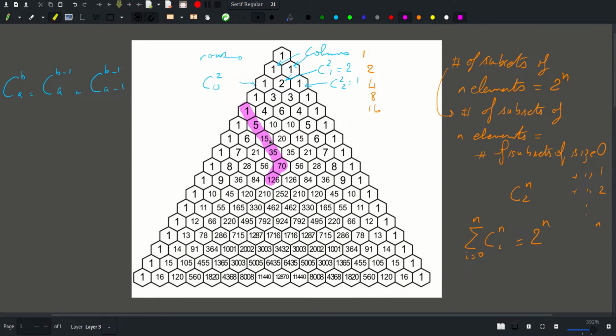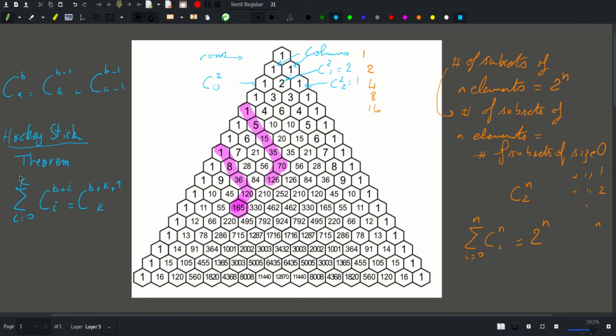So 1 plus 5 is 6, 35 plus 15 is equal to 50. So 50 plus 70 is 120, plus 6 is 126. And this works all the time. So if we sum these values here, we're going to have 120 plus 36, so that's 156, plus 8, so that's 164, plus 1, so it sums up to 165 as we stated.